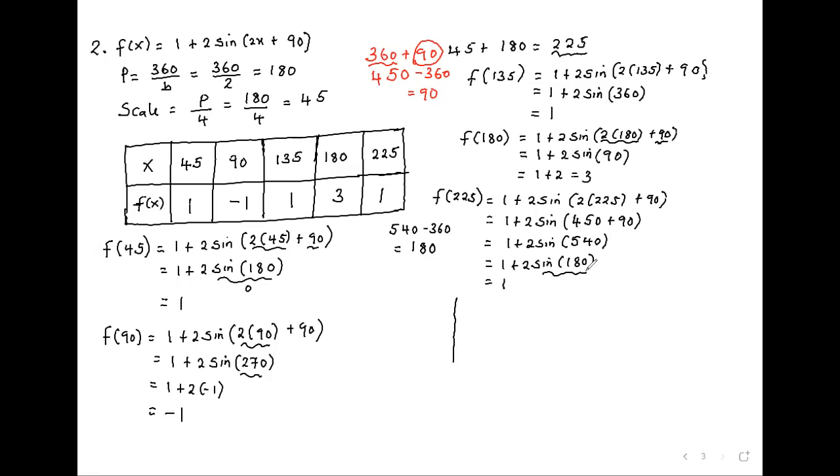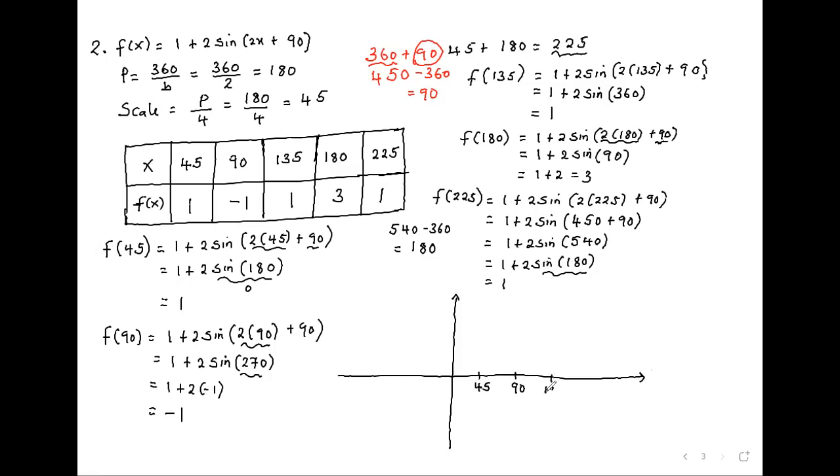Now we have found this table. We now want to sketch. So we are starting from 45 and then moving to 90. You can see that the spacing is the scale, which is 45.